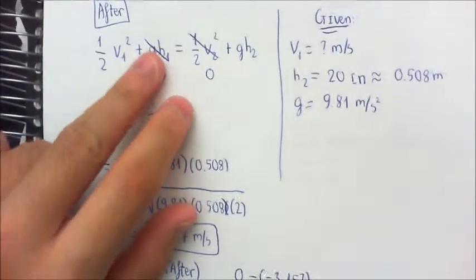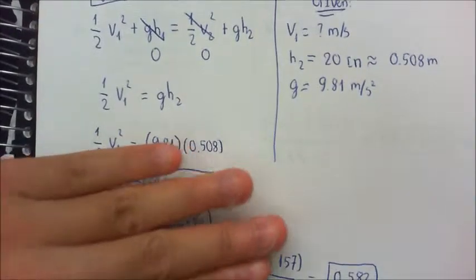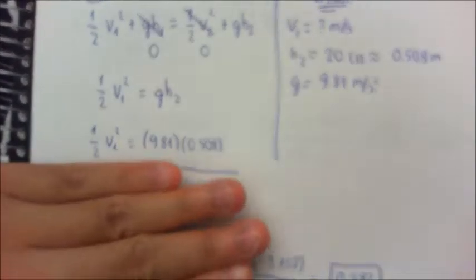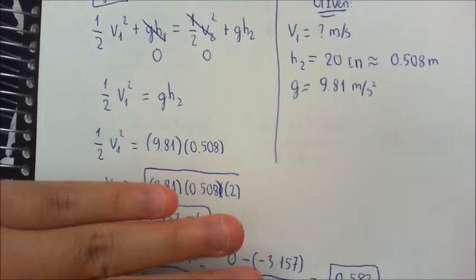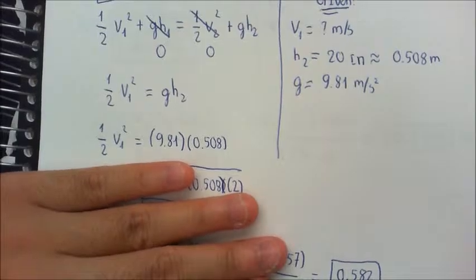Again I cancel this out. I set them equal to 0 because the height right here, when the ball is moving up from the ground, is 0.